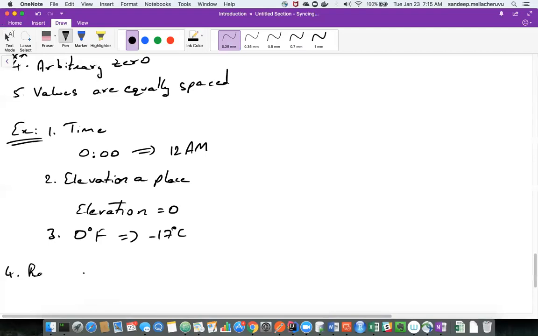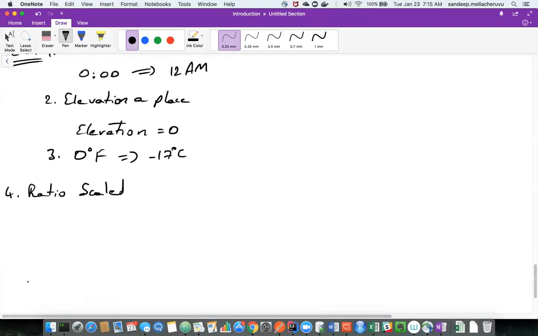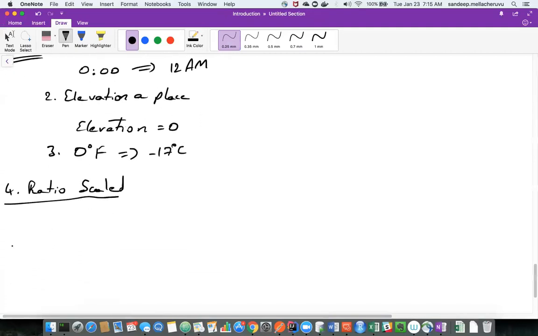And finally, it is ratio scale. Okay, now what is ratio scale? Again, ranking is possible. But here you'll have an absolute 0.